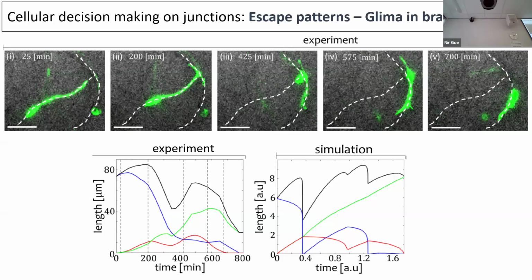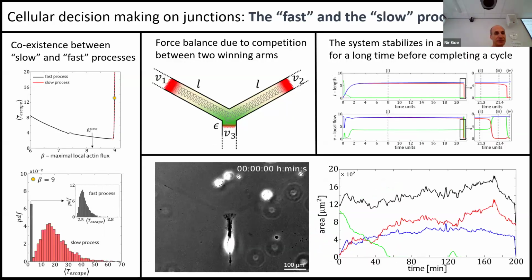So again, there's a little bit of an oscillation here, which again might indicate that that's the kind of oscillation that we see. This very slow phase that I told you, with the two arms getting extended, and then the back is completely at zero, and these two arms are almost at the same length until just at the end there is a collapse of one of them, and only the blue is the winner.